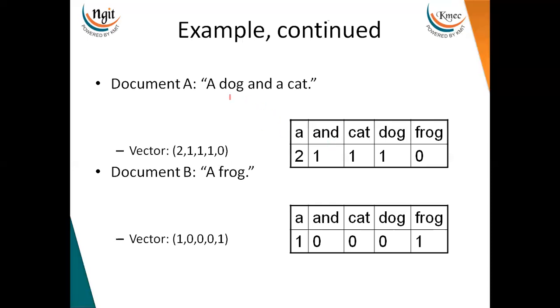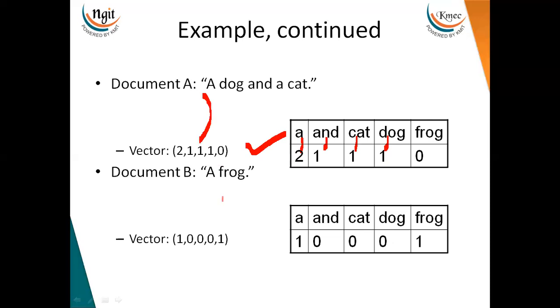So a dog and a cat is a document. But when I arrange it in alphabetical order, I will get a, and, cat, dog, and frog. Then I will write the frequency of the corresponding word below it. So using the frequency table, I am developing the vector. This is known as the vector for the corresponding document.